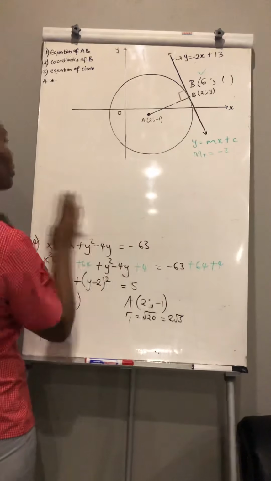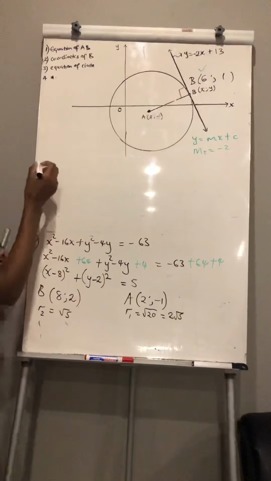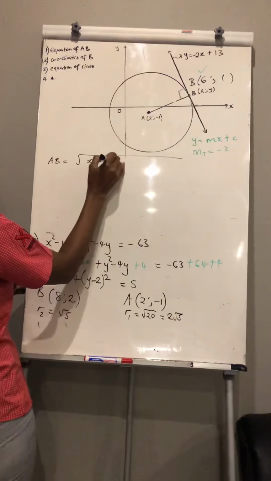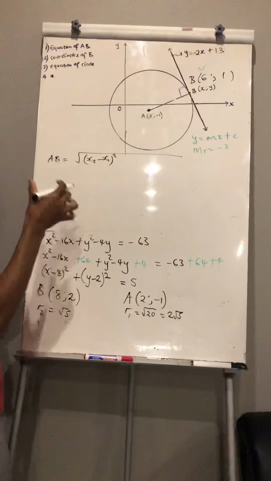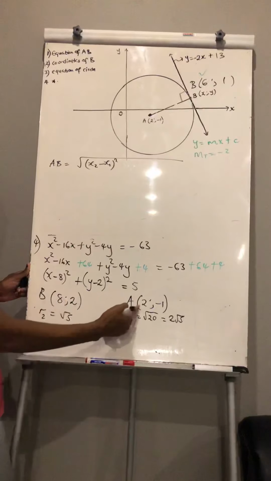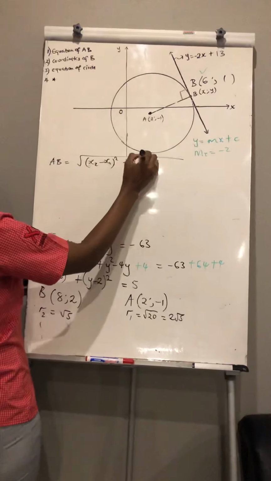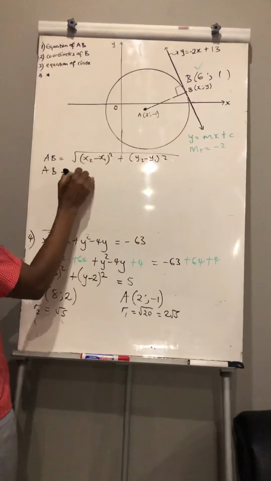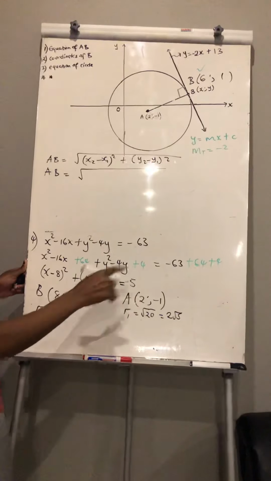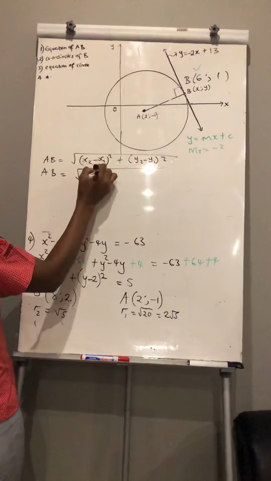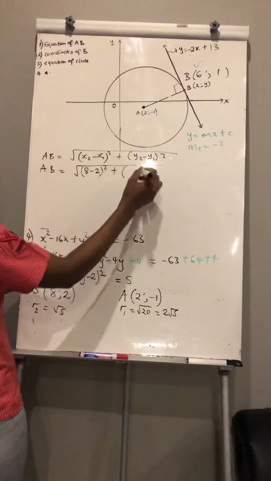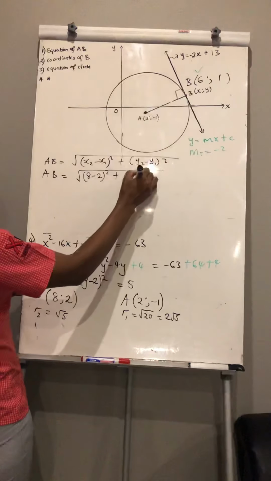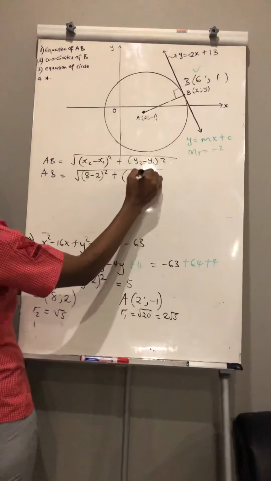Okay, now that we have everything that we need, here is what I said we must do. I hope you remember. You first of all calculate distance AB. Notice AB as x2 minus x1 squared. The AB should be the distance between the two centers of the circle. So AB is going to be, you've got your 8 there. So it's 8 minus 2 squared. And then you have 2 minus 1. I'm just going to write it as plus 1 squared.